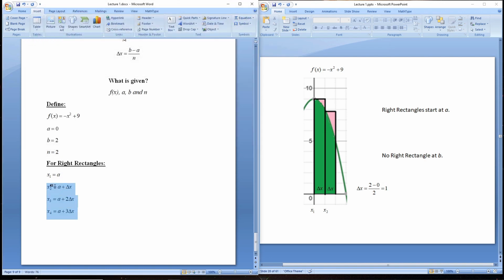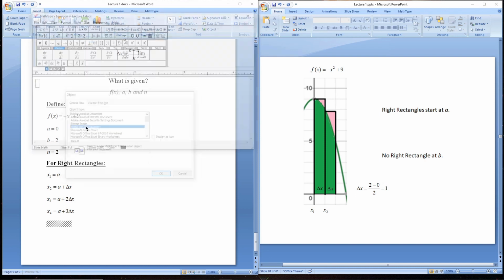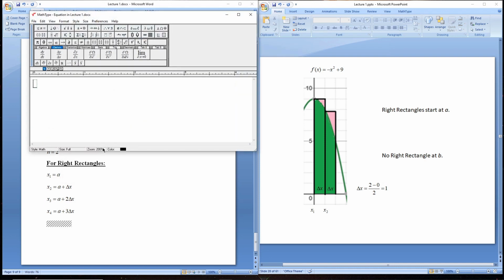And if you look at these expressions, maybe you're seeing a pattern here. And that pattern we can then understand and use to determine the general formula for all the x's.